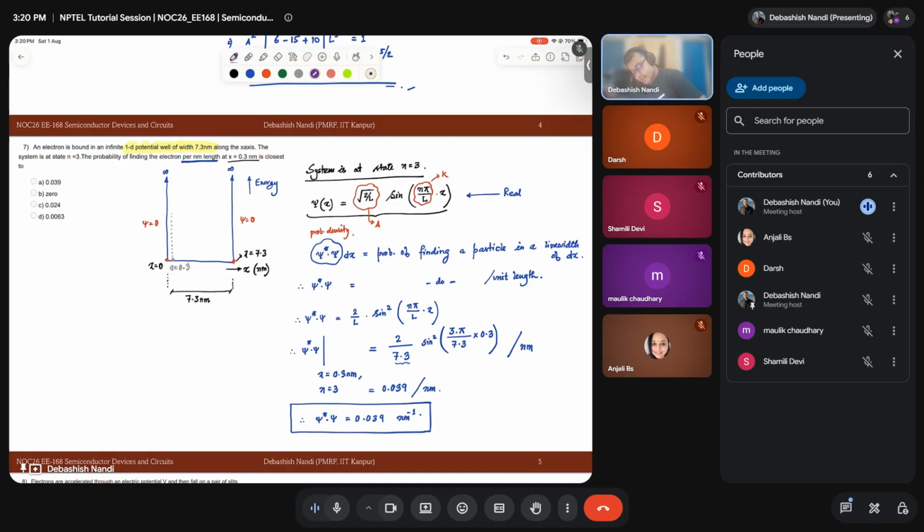But this entire thing is probability. So please understand the difference between these two. Right? Okay. So if that is done, let's move on to the next one.